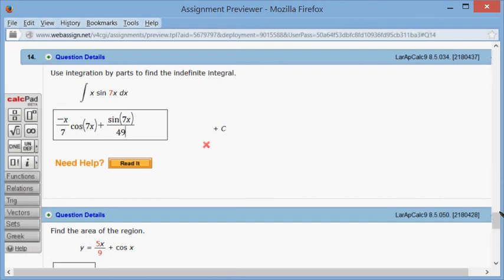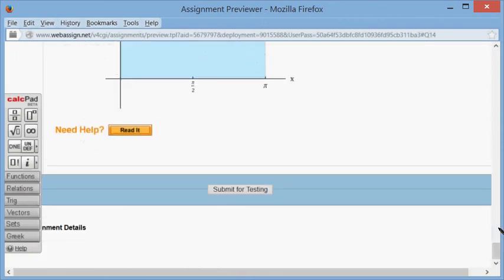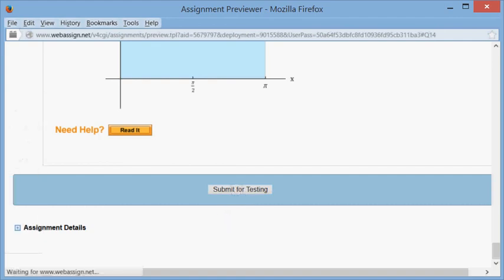So let's type it in and submit for testing.